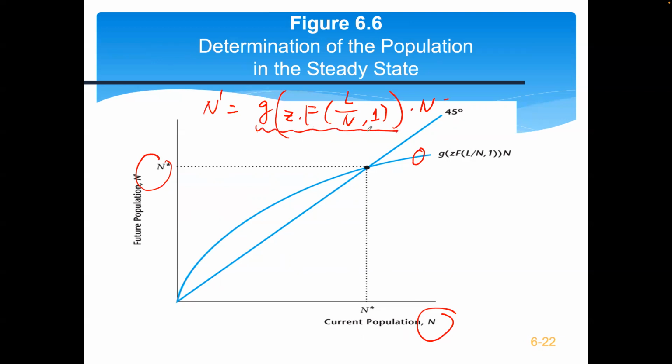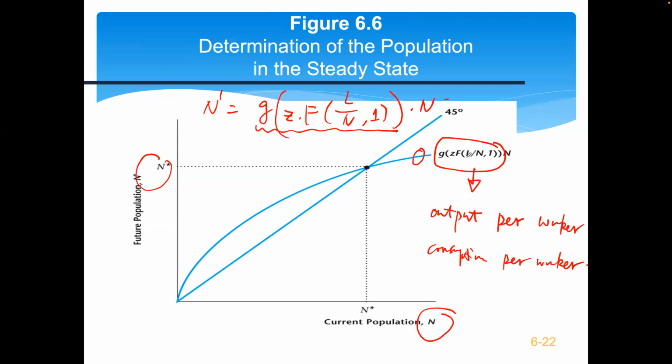Remember, G is the output function. If you look at this G more carefully, this part is the output per worker, or also the consumption per worker.